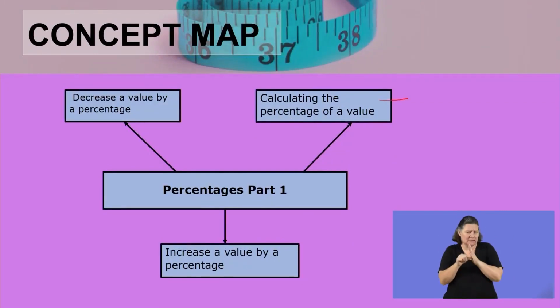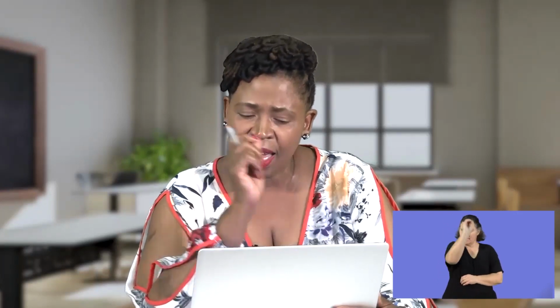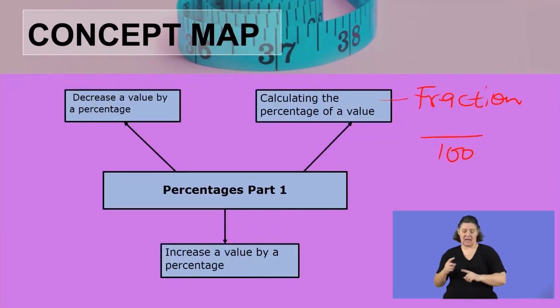What is key to remember is that as we calculate the percentage of the value, make sure that you convert to a fraction form, because the value that is given will be in a percentage form. So as we convert to a fraction form, we divide by 100 and multiply by the value that is given.